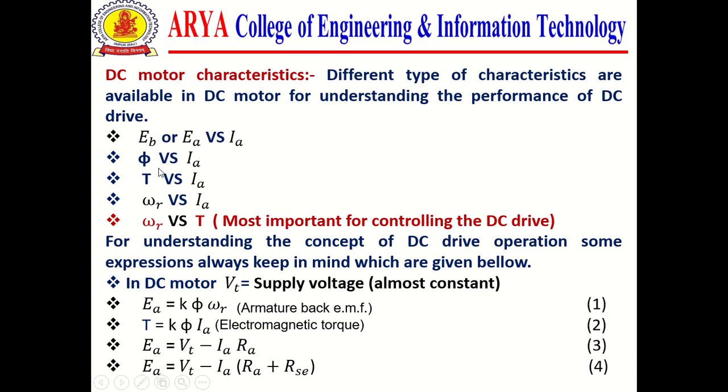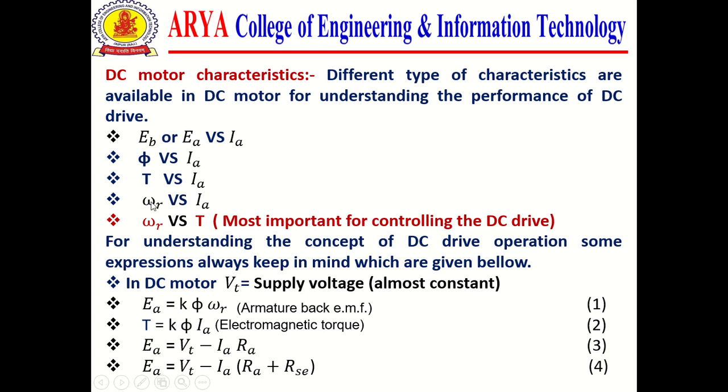And second, flux phi, which is produced in the stator magnetic field winding. What is the impact on flux and armature current? And third, torque versus armature current. If you change the armature current, what is the impact on torque?